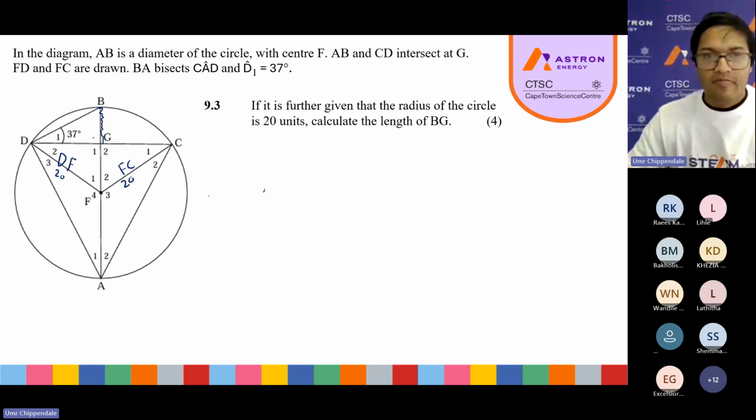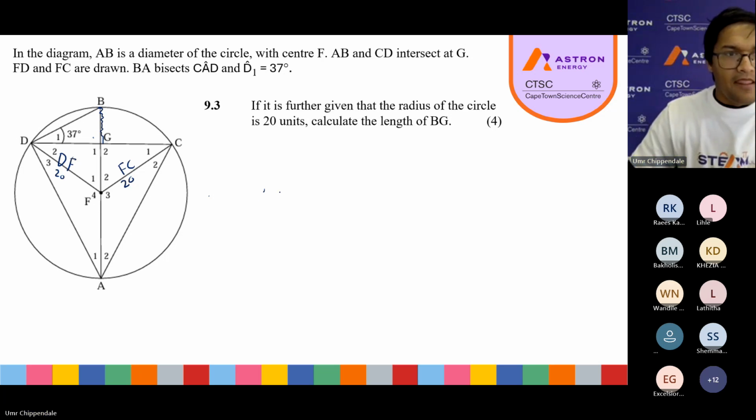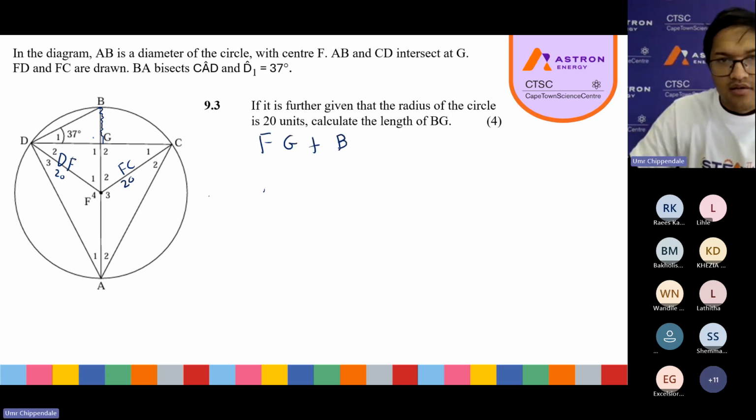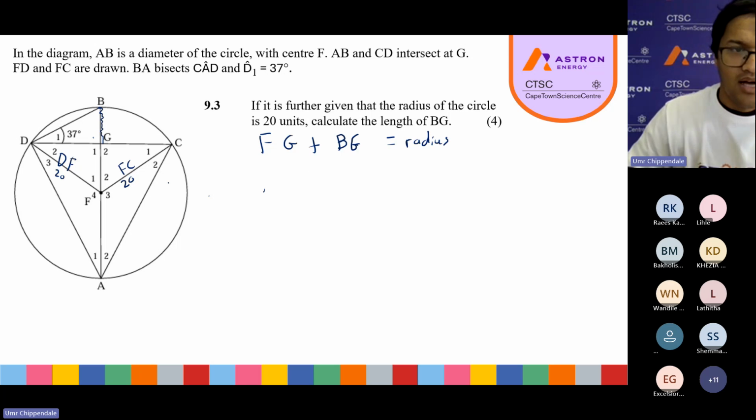They want the length of BG. So let's put a section that we have over here. If we have FG plus our BG, that's the G over there, that is actually going to also be the radius. And how do we know that? Well, it went from the center of the circle, it went up.